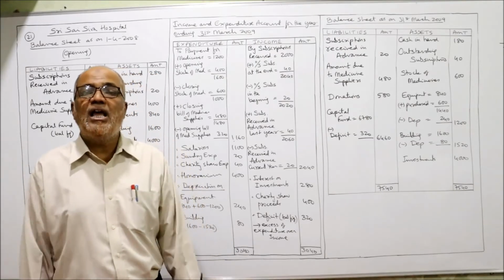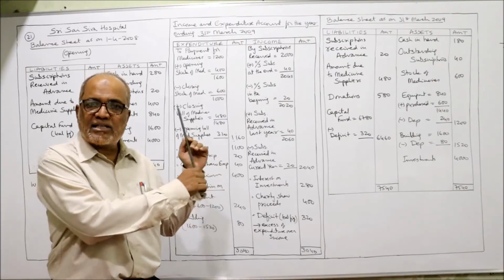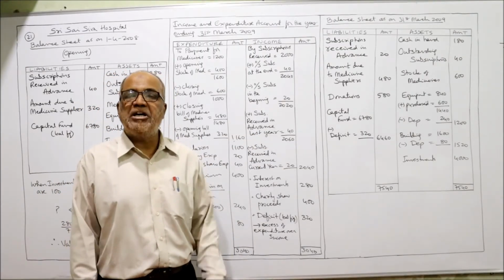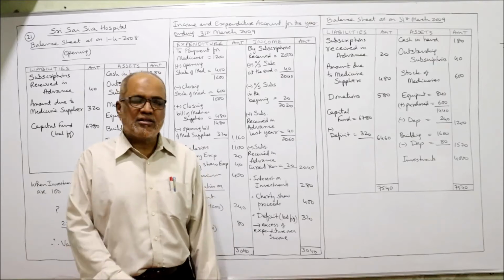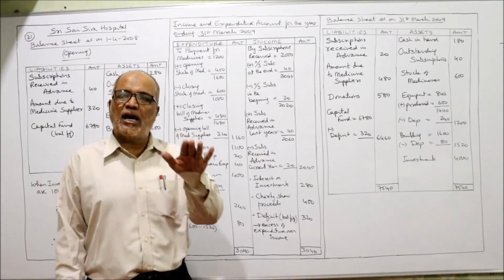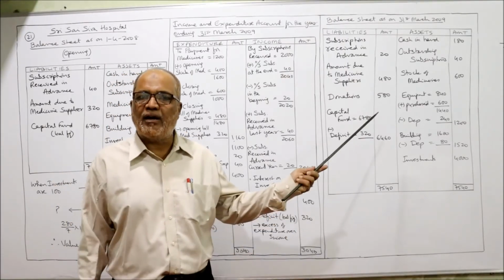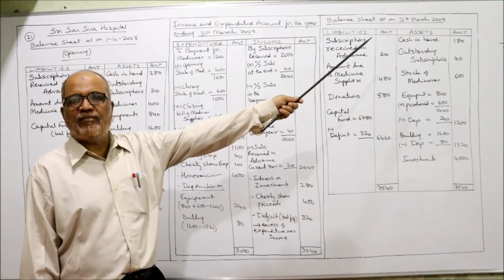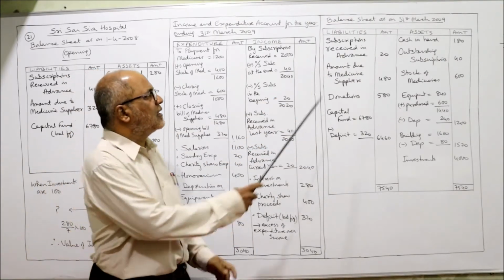This is the deficit because expenditure is more than income. The balancing figure deficit is 320. This deficit will be deducted from the capital fund on the liability side. Now I am coming to the balance sheet as on 31st March 2009, liability side.